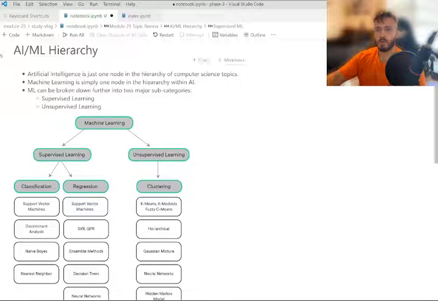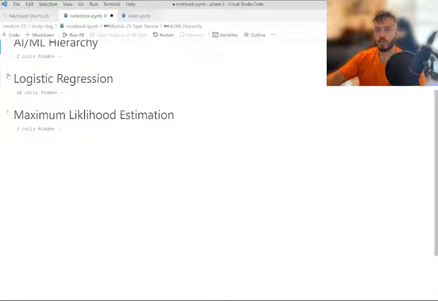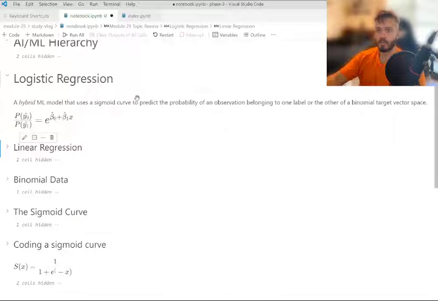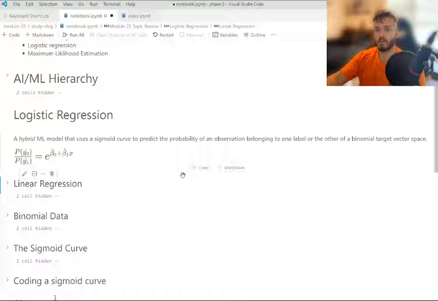So let's get into logistic regression. Logistic regression classifies data, but it actually does it using a regression line, so it's kind of a hybrid model.